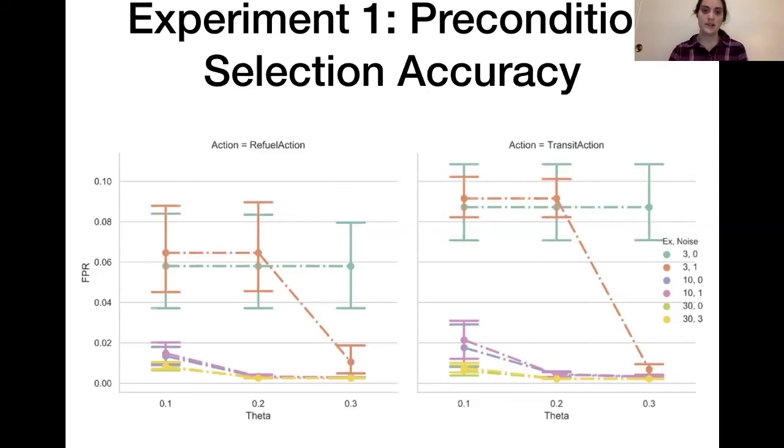And you can see that the noise examples don't significantly increase the number of false positive preconditions that are identified. False positive preconditions are preconditions which are identified as preconditions but aren't actually in the true preconditions. And you can see that as we increase the number of training examples, we reduce the number of false positives, and as we increase theta, we also reduce the number of false positives.